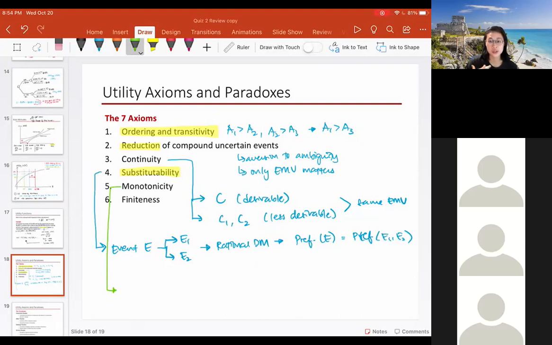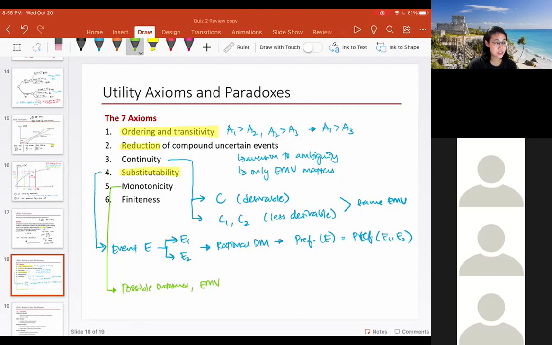We're not considering aversion to ambiguity. This only has to do with two things: possible outcomes and EMV.